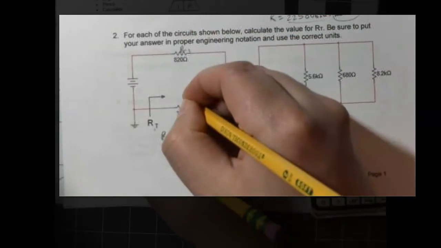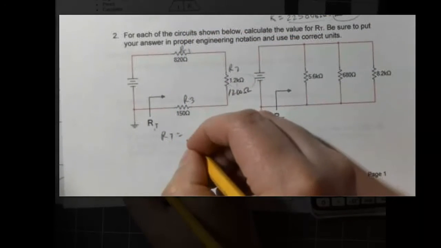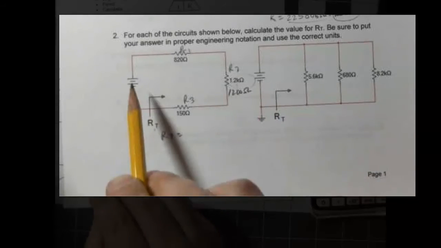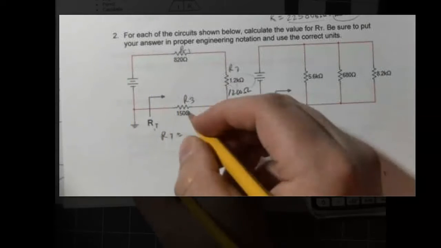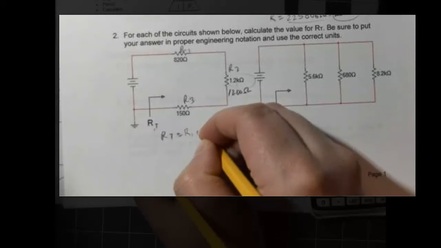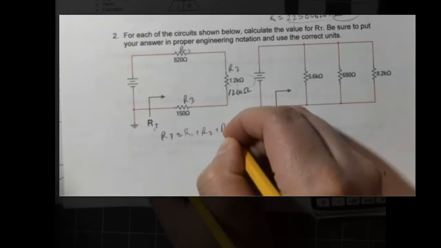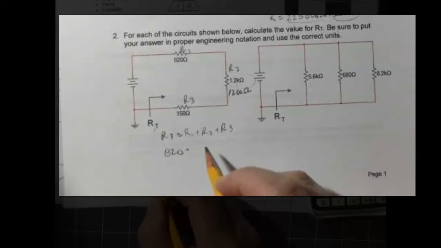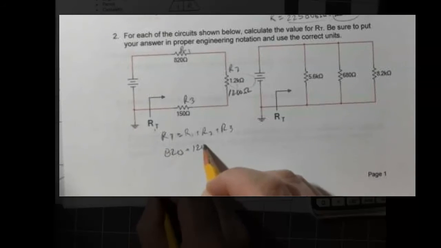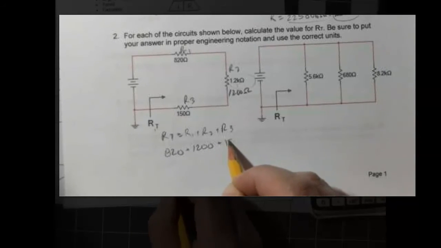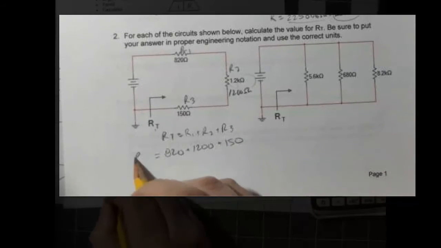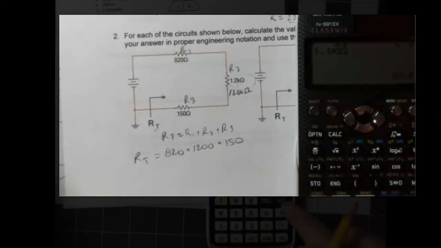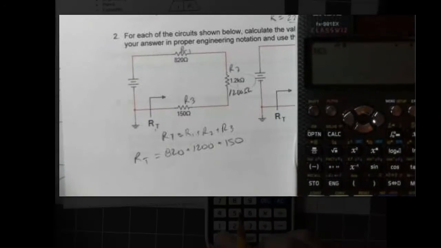Okay, so RT is equal to, we can say this is R1, this is R2, this is R3, and we're literally just going to add them up because this is a series circuit. So R1 plus R2 plus R3, so it's going to be 820 plus 1200 plus 150. Let's do that calculation.